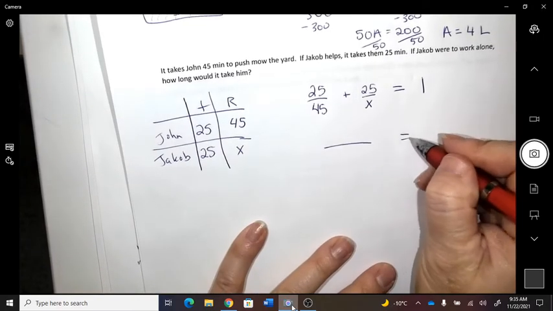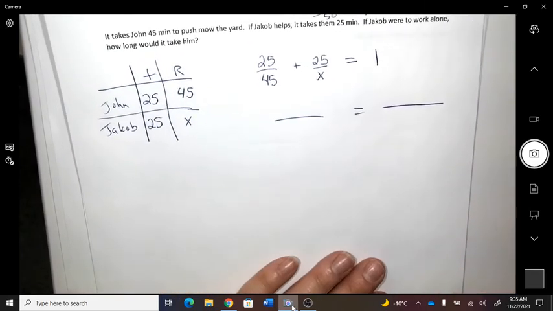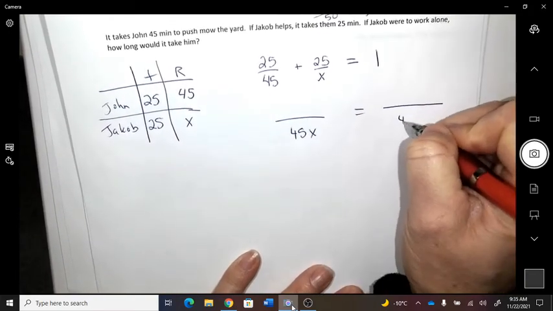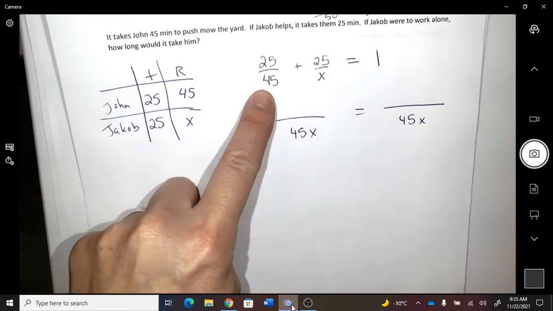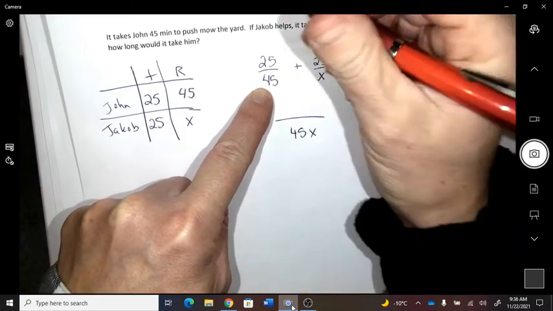So common denominator is the method. So I'm picking 45x to be the bottom. Okay, so what's going on? This fraction would have got multiplied by x.